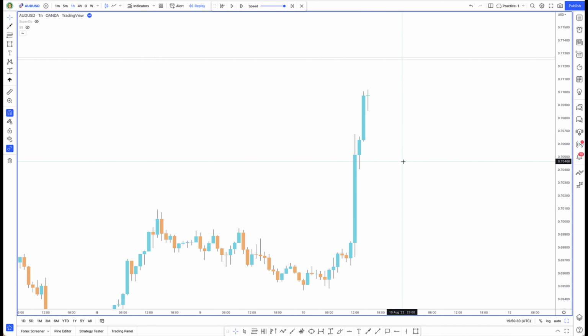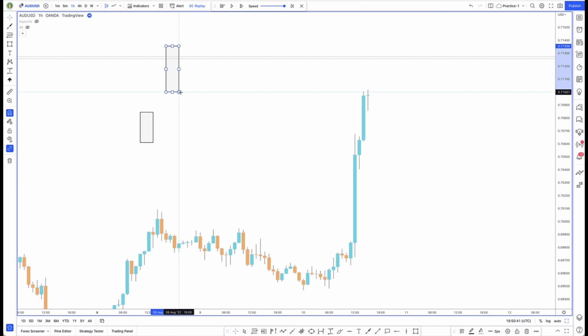So just to recap again, when there is a difference in the price, for example, this is one candle and then there is the second candle, this area where there is no price offered at all is called a true gap. It's really a price gap.